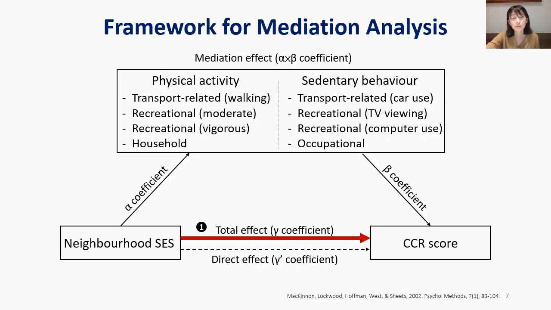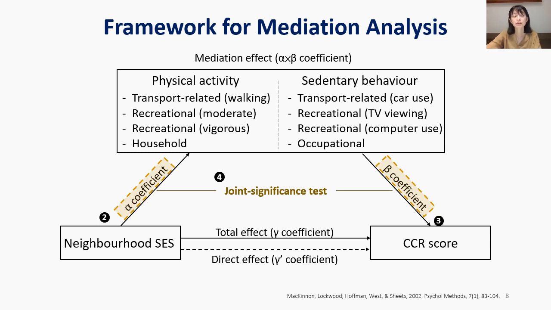So here is the framework for mediation effect. The first step is to examine the total effect, namely the association between neighborhood socioeconomic status and cardiometabolic risk score.